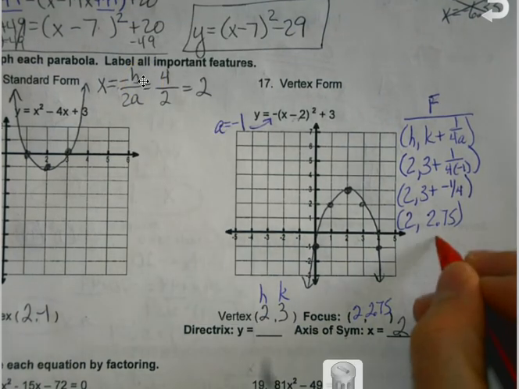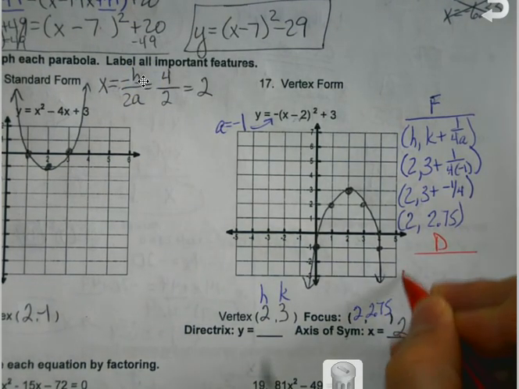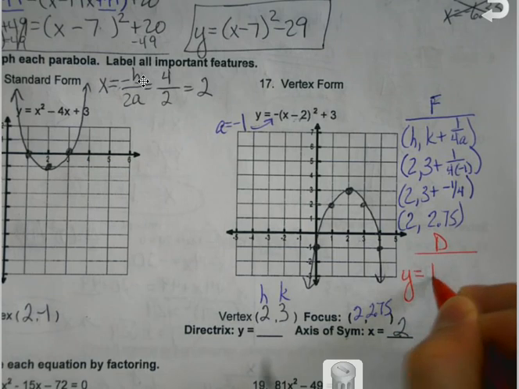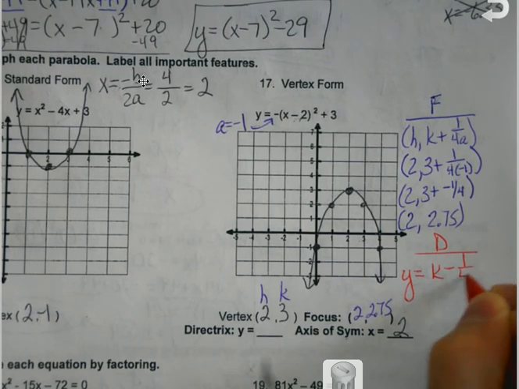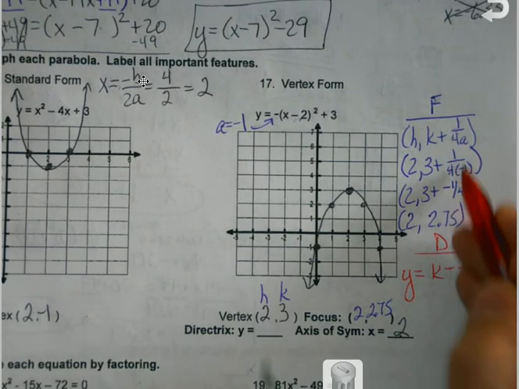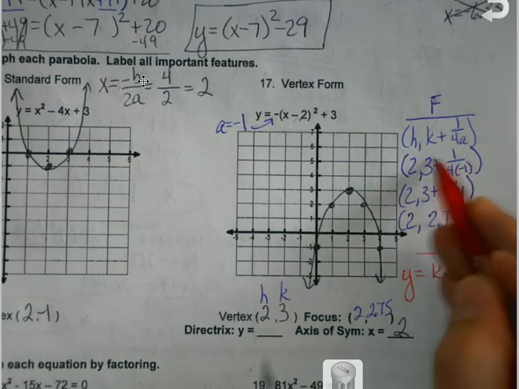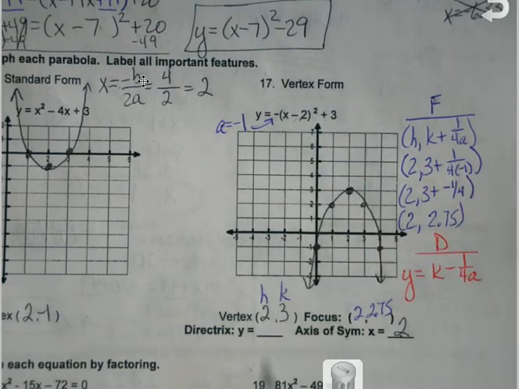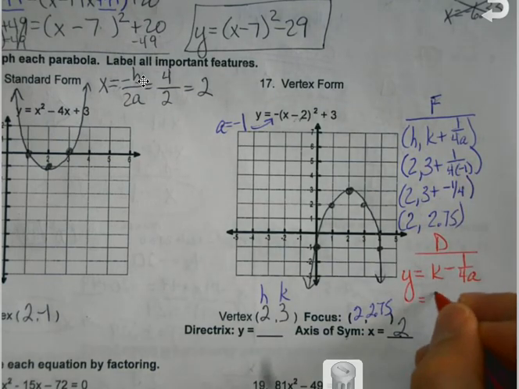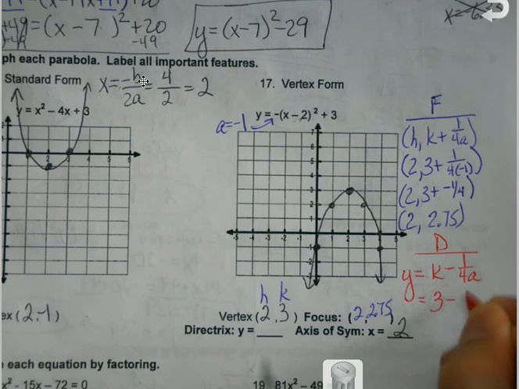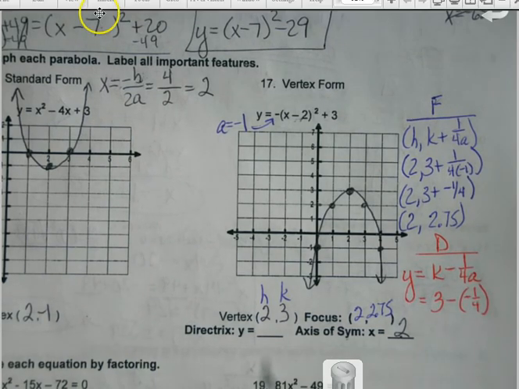Because the directrix is y equals k minus 1/4a. It's the exact same thing you just did here, except now it'll be 3 minus -1/4.